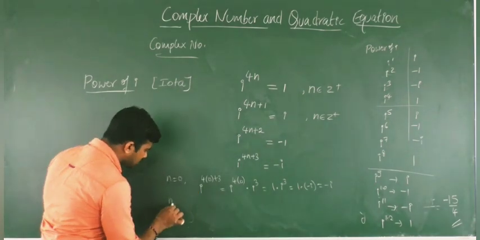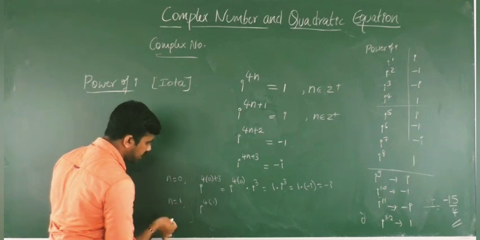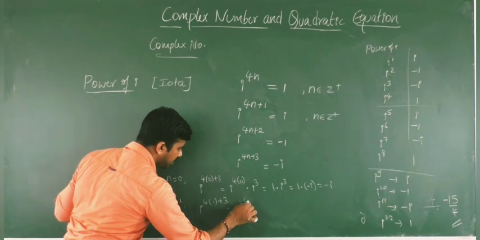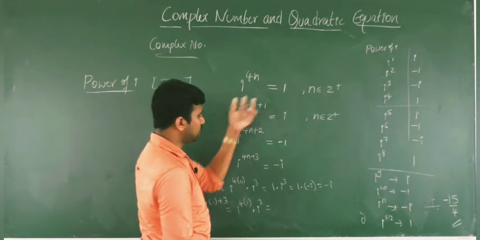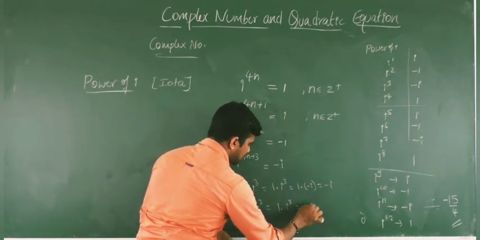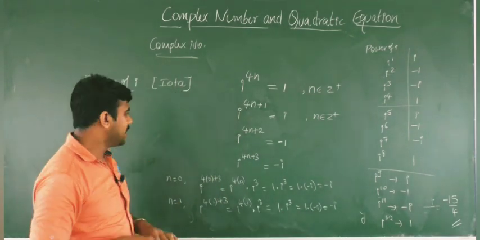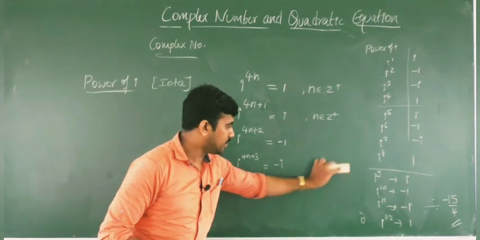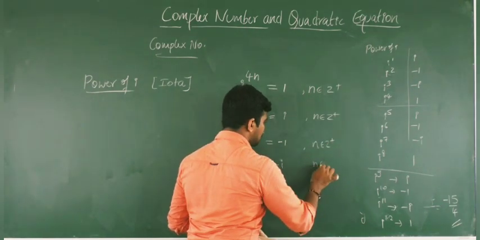Similarly, if you take n equal to 1, 4 into 1 plus 3, that is i to the power 4 into 1 times i to the power 3, which is 1 times minus i, that is minus i. So in general, i to the power 4n plus 3 takes the value minus i, where n is a positive integer.